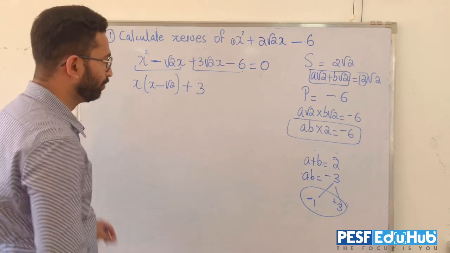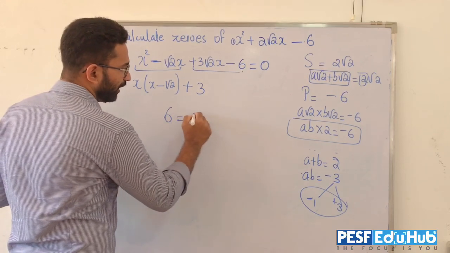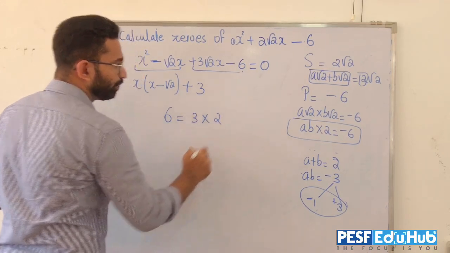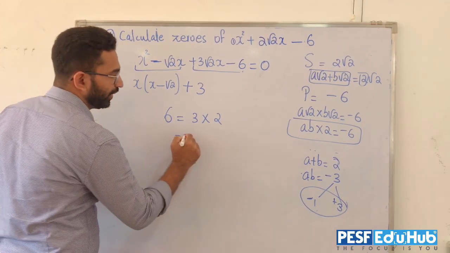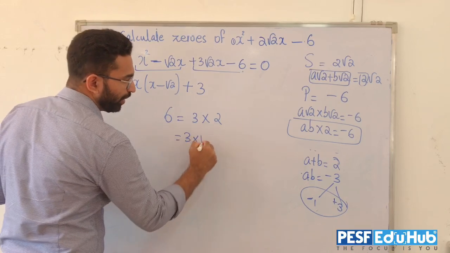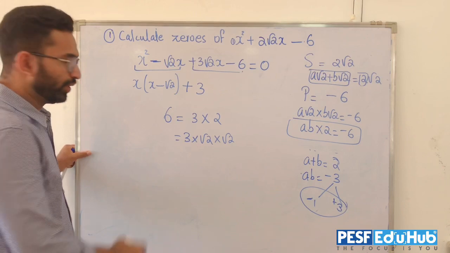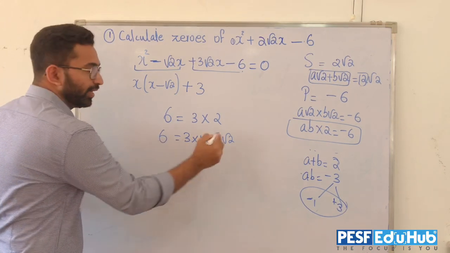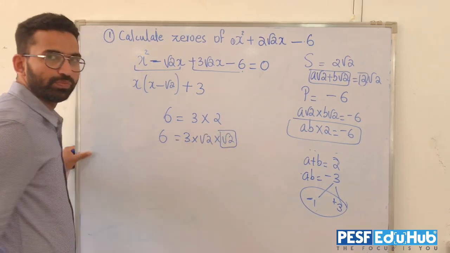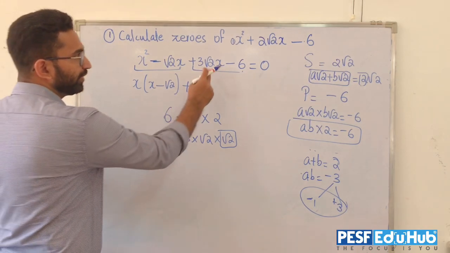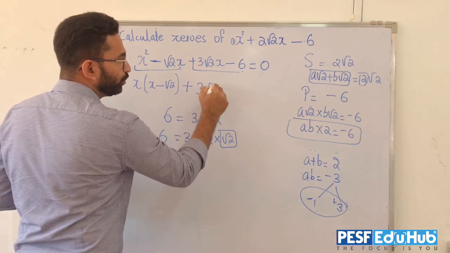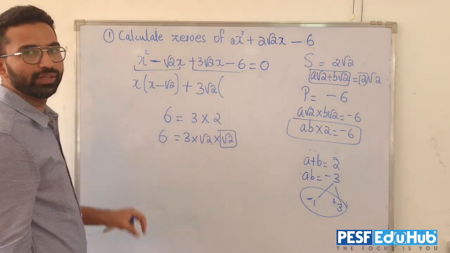Yes, there is root 2, means I can write 6 as 3 into 2, and this 2 I can rewrite as root 2 into root 2. So the number 6 contains the radical root 2. So I can say that 3 and root 2 are common in this case.